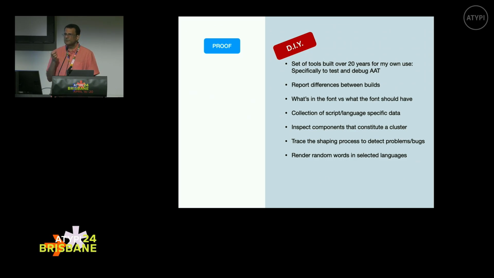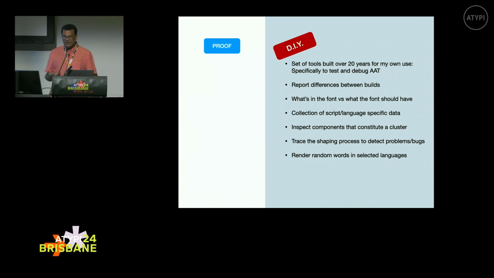Cluster is a term very commonly used in Brahmic or South Asian scripts. A cluster can consist of 2 up to about 12 characters, and they all stack one on top of the other. Some get composed into a single glyph. They'll do all kinds of things, but that's just one cluster.